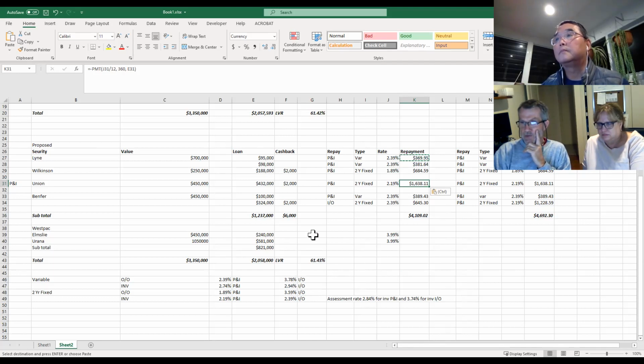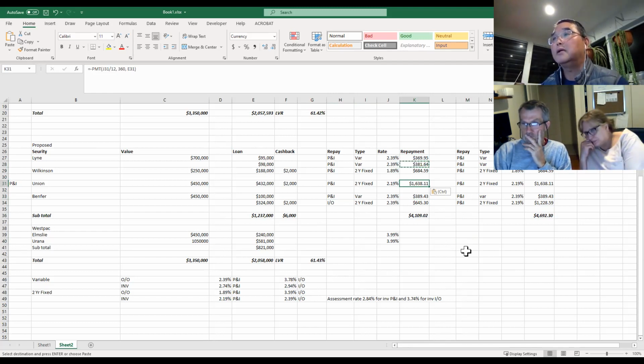We seem to jump a lot. Yeah, it is, if it's interest only. So this one, the interest only calculation, is $788 interest only. But if you change to P&I, it will be 1,638.